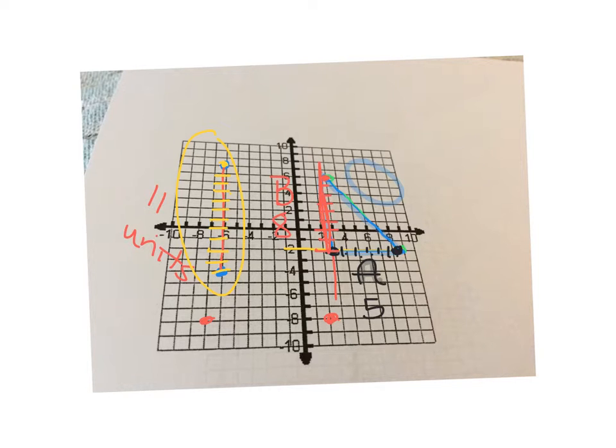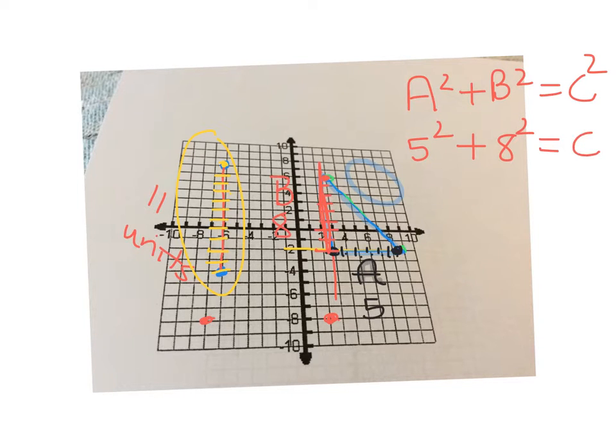Of course, we know the Pythagorean theorem says a squared plus b squared equals c squared. We just figured out that a is 5, so 5 squared, and b is 8, 8 squared equals c squared.